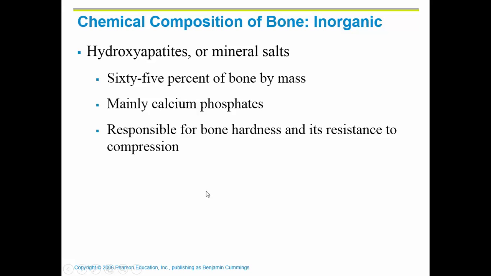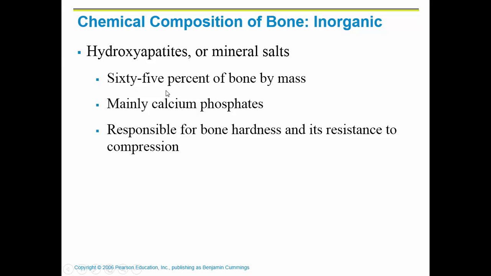And then the inorganic composition of bone are the mineral salts, and this is just a fancy word for mineral salts, hydroxyapatites, and they are the hard portion. This is where we're going to get the hardness to the bone and the solid portion of the bone. You might want to highlight this.